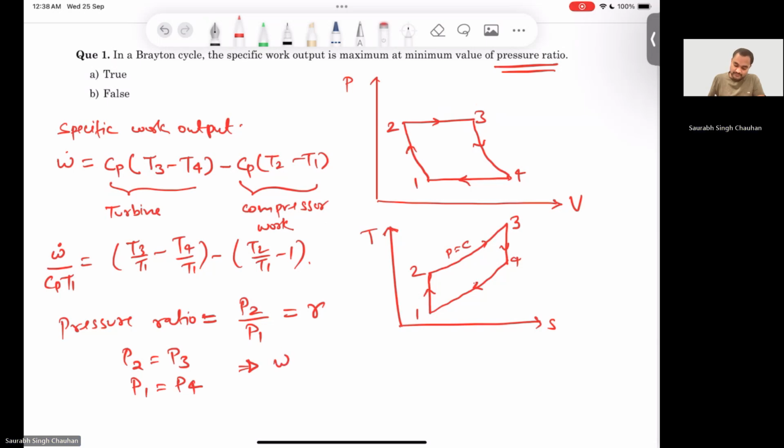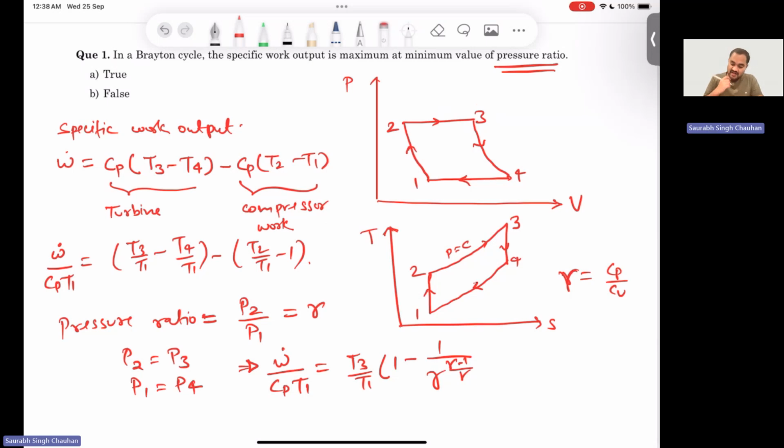This can be written as T3 by T1 times (1 minus R to the power (gamma minus 1) by gamma) minus (R to the power (gamma minus 1) by gamma minus 1). Gamma is the ratio of specific heats, right? Because 1 to 2 and 3 to 4 are isentropic processes, so you can use the adiabatic relation, P1 V1 to the power gamma is equal to P2 V2 to the power gamma.